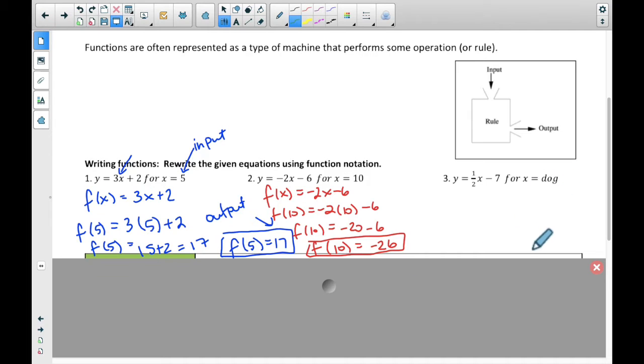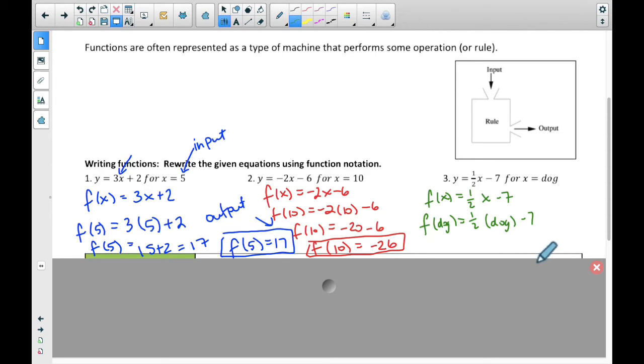Okay, this one doesn't make a whole lot of sense. It's kind of silly. But we would start with saying, okay, f of x is equal to 1/2 x minus 7. And it says for x equals dog. So I'm going to say the f of the dog, which doesn't make much sense, is 1/2 of a dog minus 7.